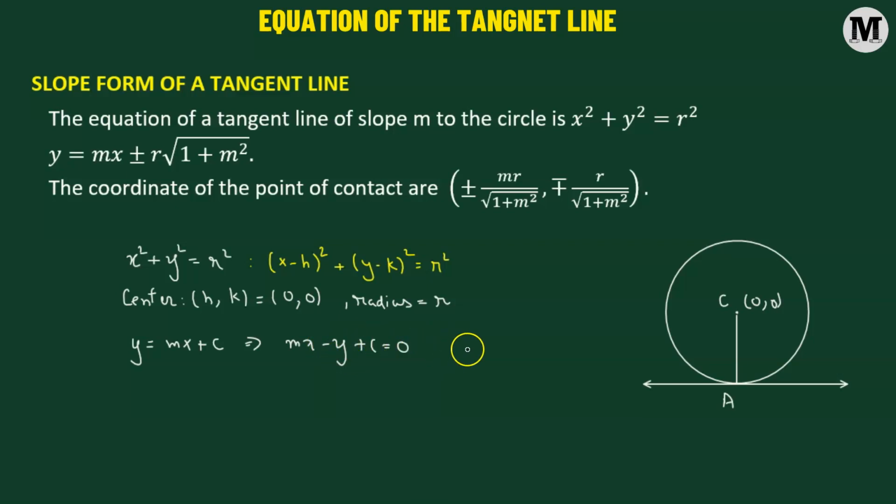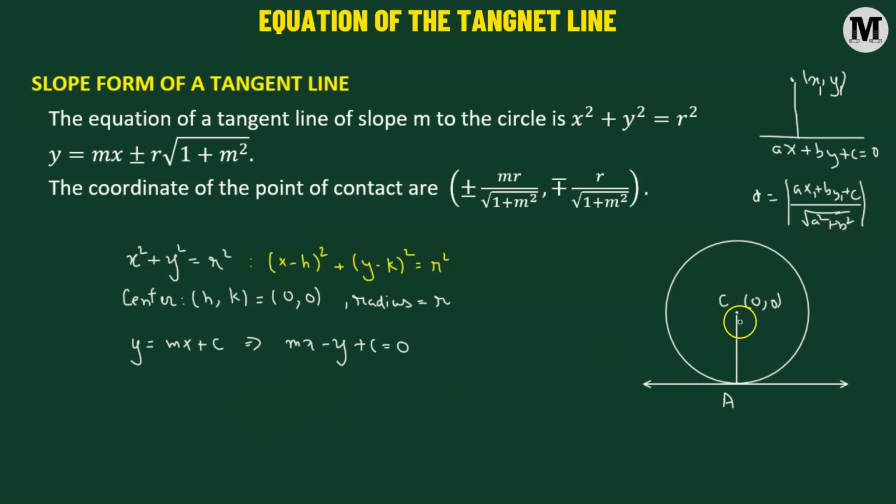The reason why we're doing this is because we know that if we have any point, let's say x1 comma y1, and a certain line whose equation is given by ax plus by plus c equals 0, then the distance of this point from the straight line will be given by the absolute value of ax1 plus by1 plus c divided by the square root of a squared plus b squared. So using this particular idea, we can define the distance of the point from the straight line.